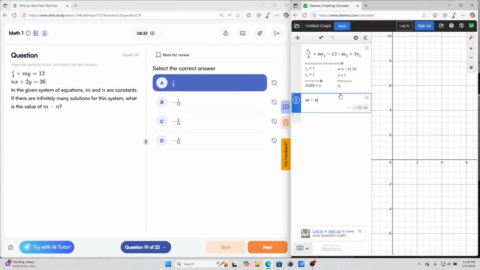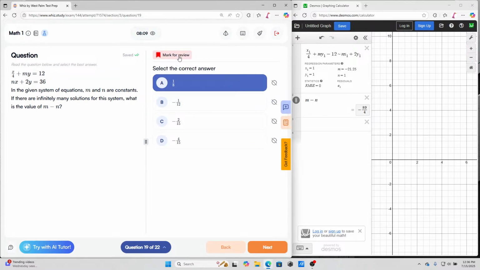Okay, minus n. What? That's the same thing. So what do I do then? Fractionated? No, that's not an answer choice. Okay. Let's just skip it and come back to it.